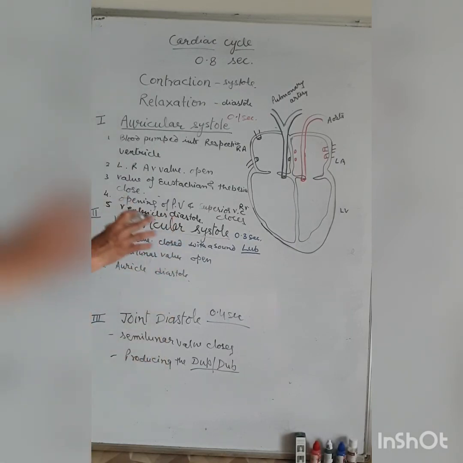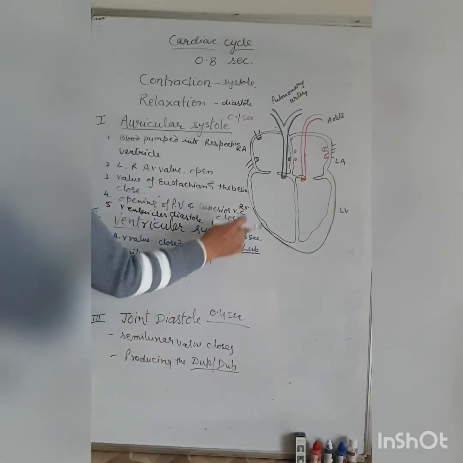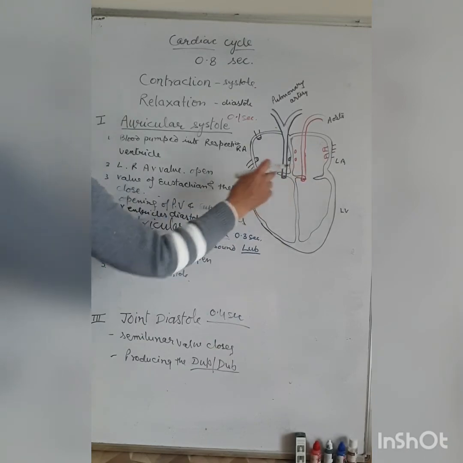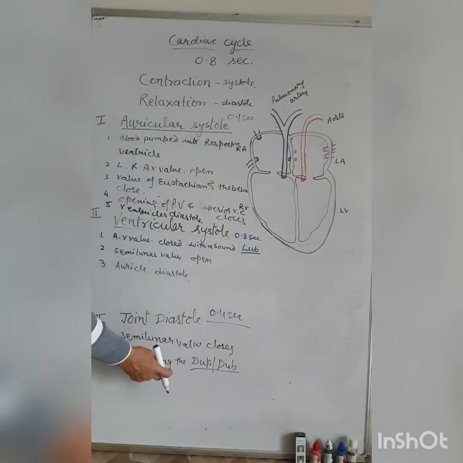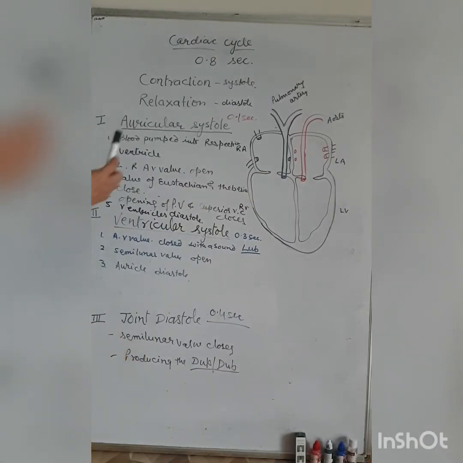So keep this point in mind. When lub is produced, the atrioventricular valve closes. When the dup sound is produced, the semilunar valve is closed. This whole event takes place in 0.8 second.